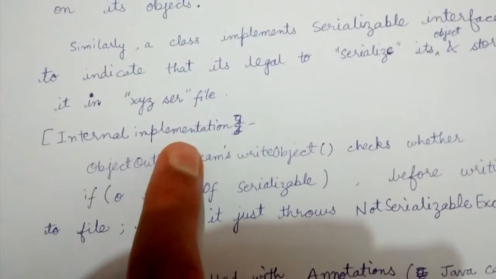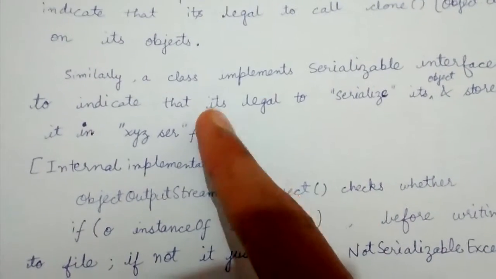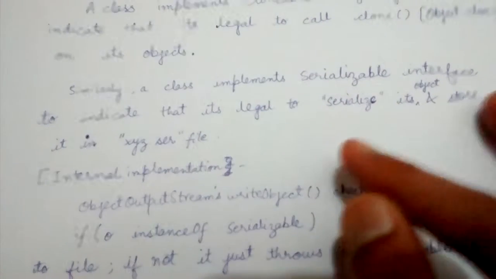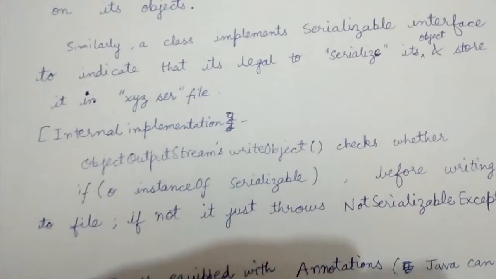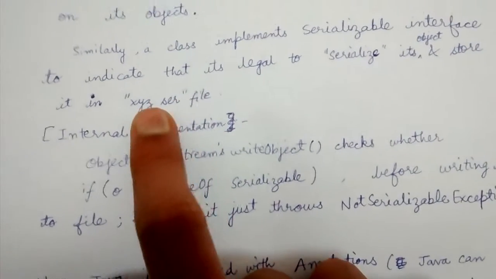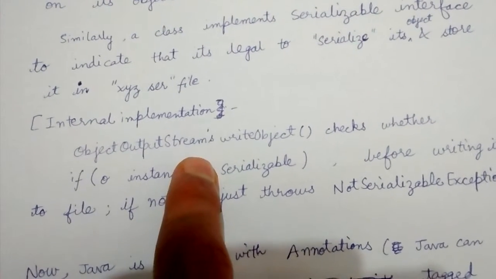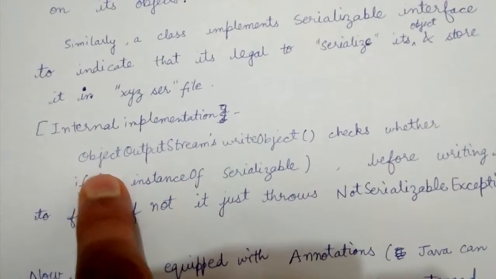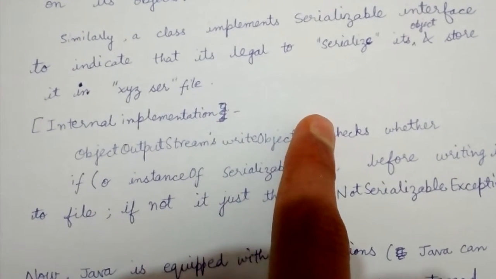Only those classes which implement Serializable are allowed to be written in such files. To write an object in an xyz.ser file, you use ObjectOutputStream, just like you use FileOutputStream to write to a file.